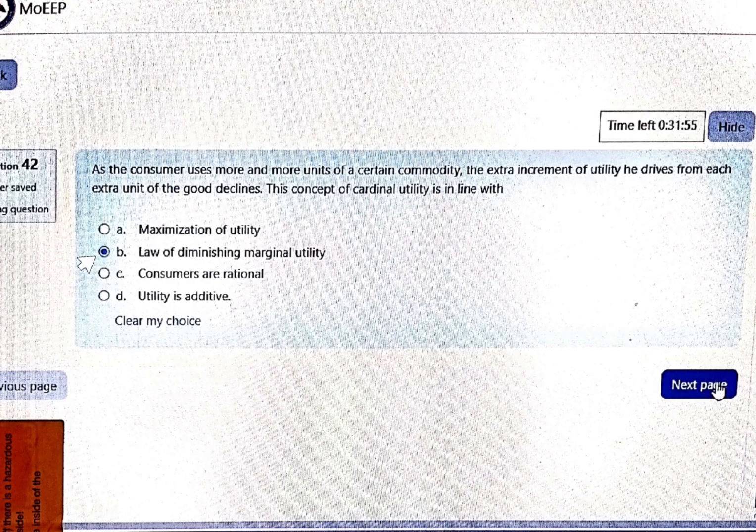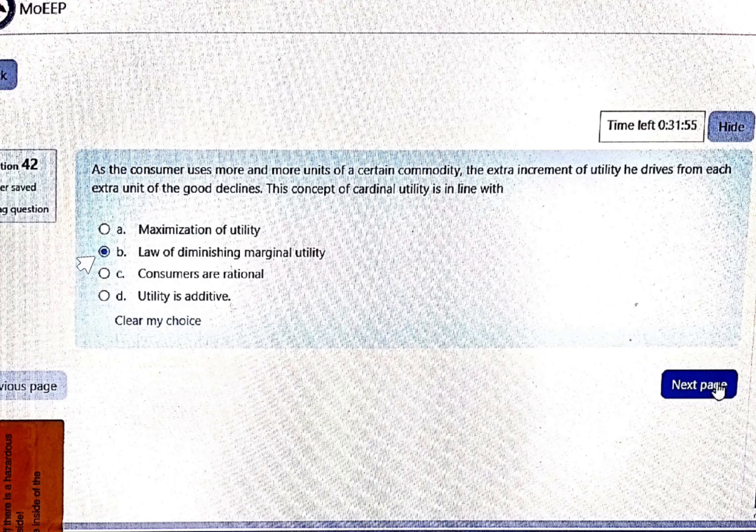It states that marginal utility decreases as consumption increases. Each additional unit gives less satisfaction than the previous one, okay? So, for example, the first bottle of water is very satisfying, the second bottle gives less satisfaction, and the third bottle even less satisfaction, okay?